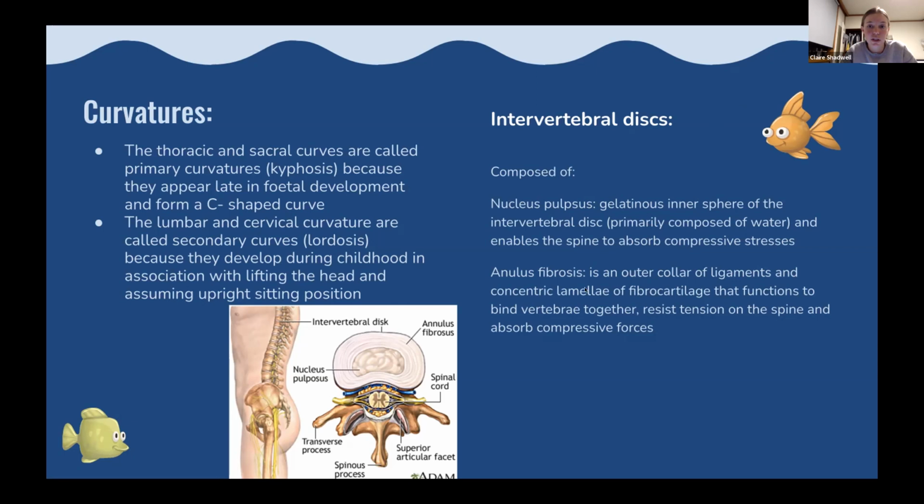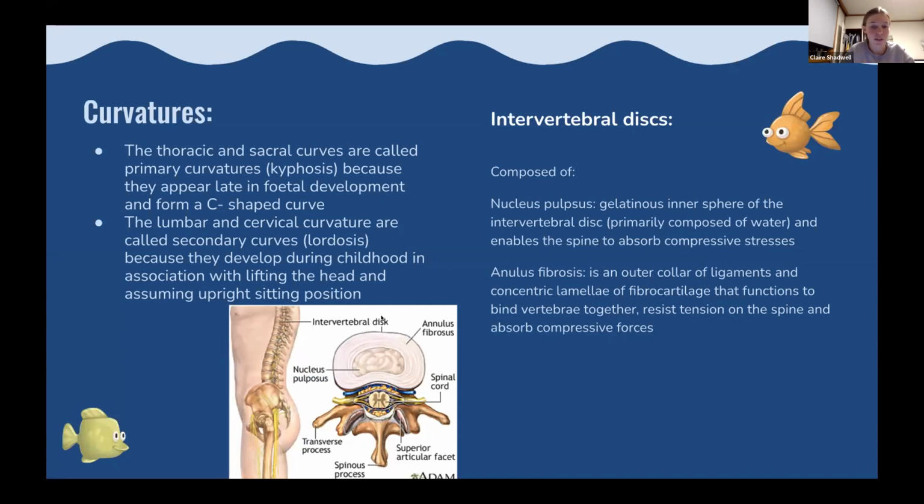And then the intervertebral discs, which are just here. So this is what I was saying before, they sit in between the vertebrae, and they're composed of the nucleus pulposus and the annulus fibrosus. And this is pretty important because they stop friction between the vertebral bodies.